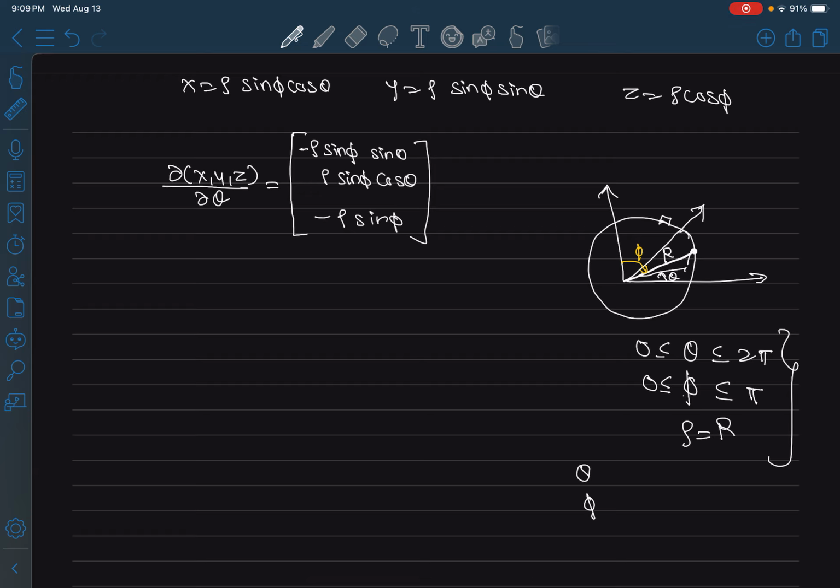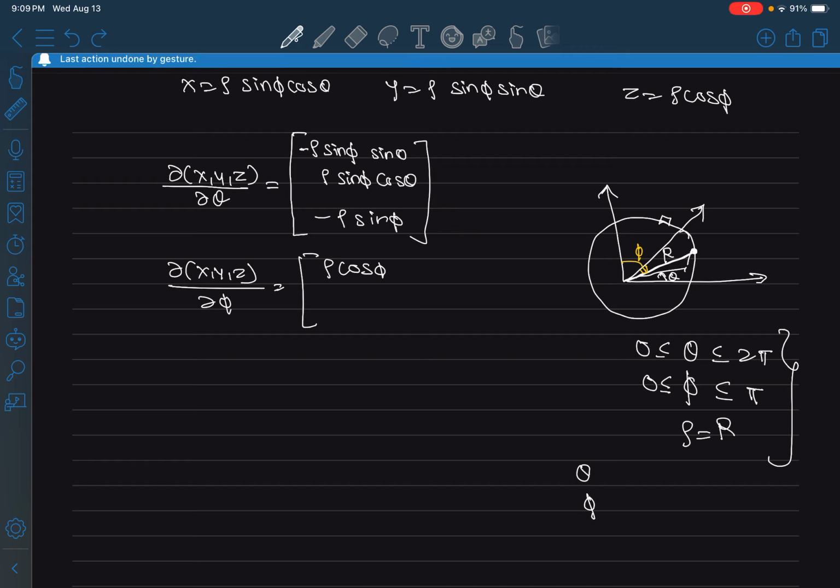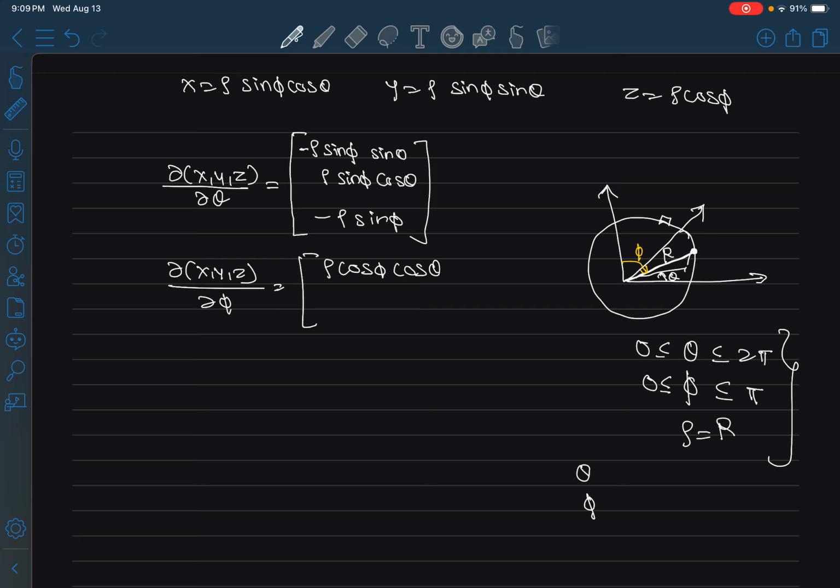And similarly, there's also a change in phi. The change created due to phi will be rho cos phi cos theta, rho cos phi sin theta, and minus rho sine phi. Oh wait, I actually did it wrong, guys. The last entry of the theta vector is 0. I'm sorry.